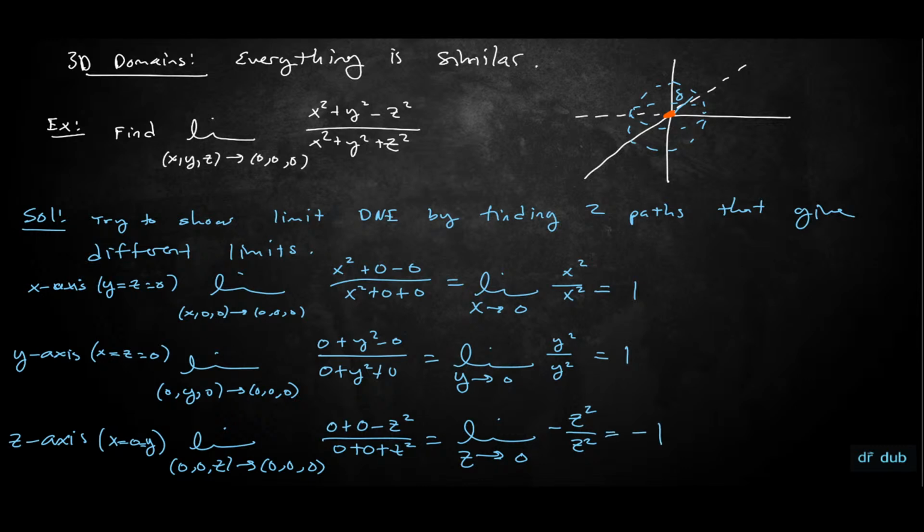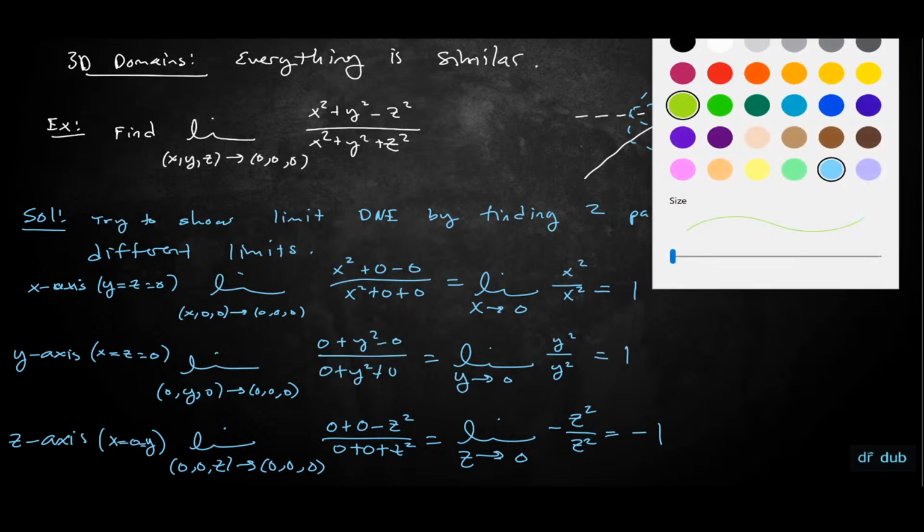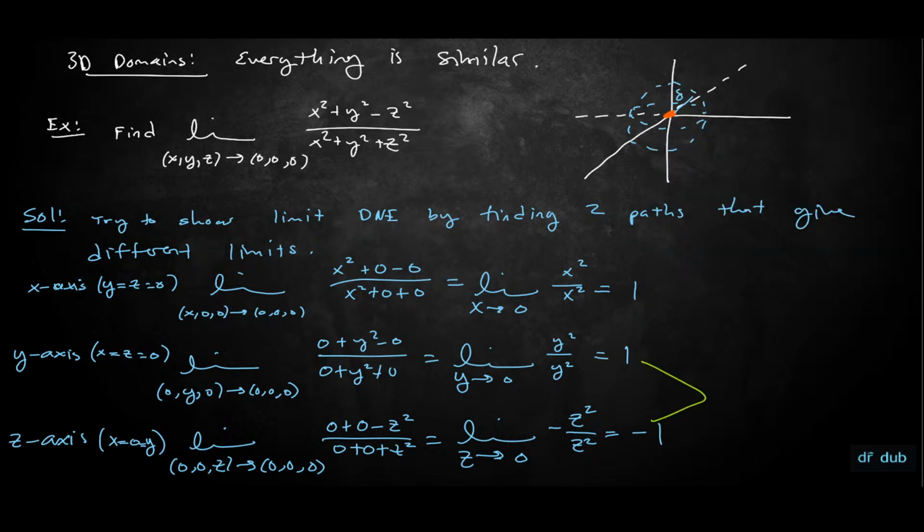Aha! Two different paths give us different limits. So this tells us the limit does not exist. If we're going to have a limit, every path has to give the same limit. So any questions?